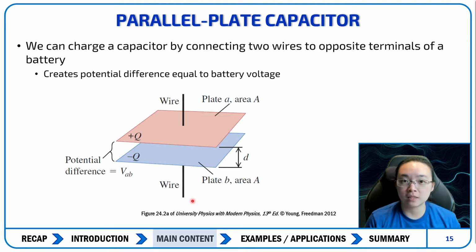Now this will give us a fixed potential, VAB, between the conductors that is equal to the voltage of the battery. When we were talking about grounding before, apply the same concept over here. We can charge a capacitor and then take away the battery, and it'll still retain a fixed potential difference between the two plates.